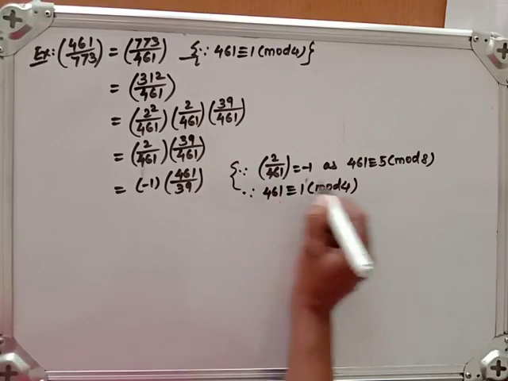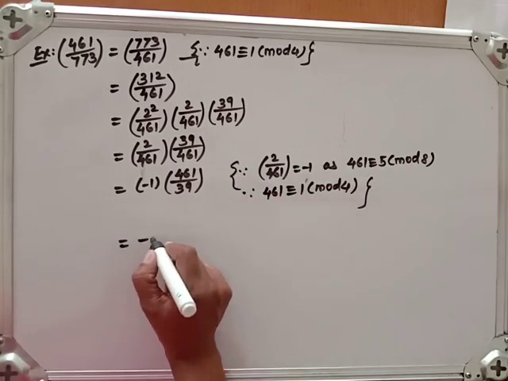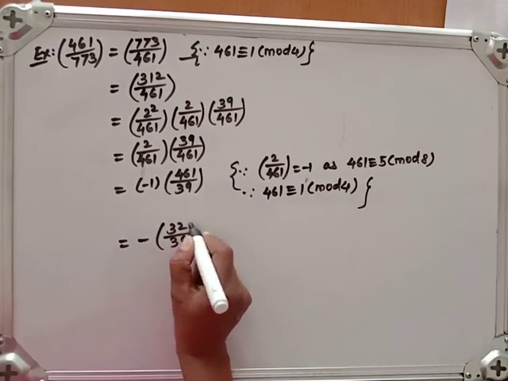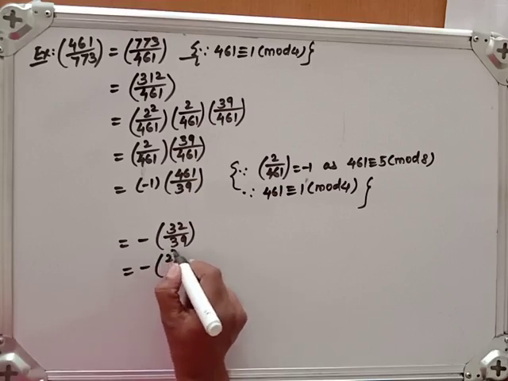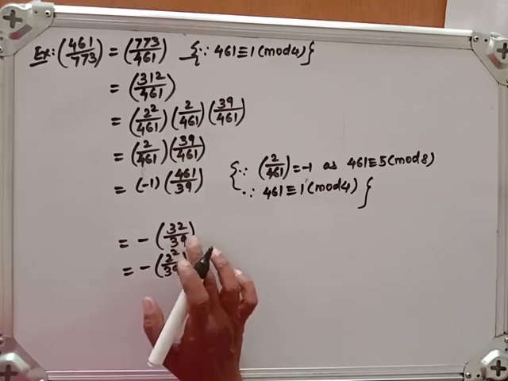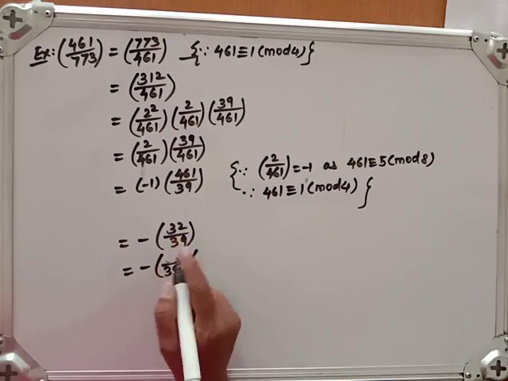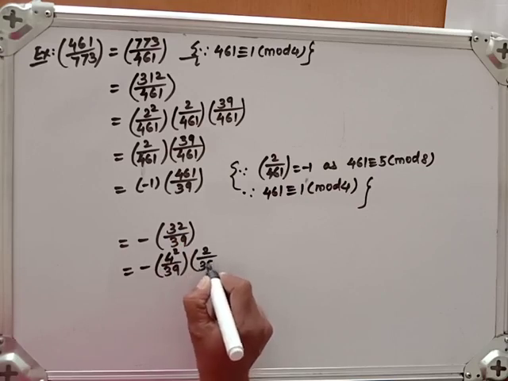This is the reason here. Therefore, now this is equivalent to minus of the Legendre symbol of 32 by 39. That is equivalent to minus of 2 square by 39 into, or you can say, 4 square by 39 into 2 by 39.